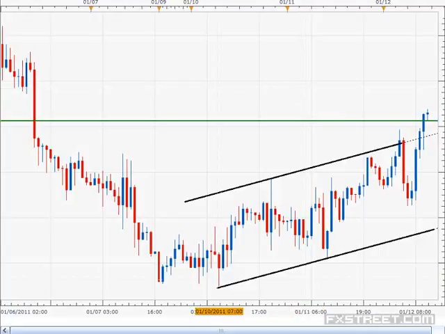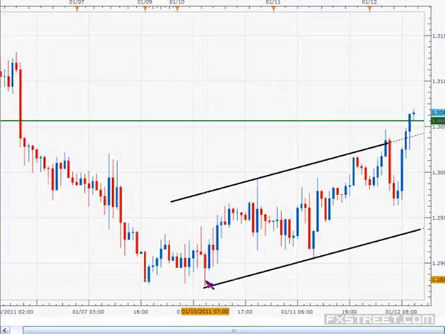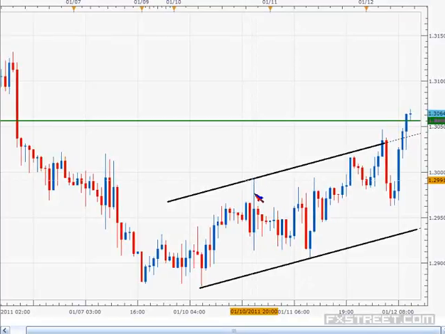I just drew the line connecting the lows, then duplicated the support line. It's become my resistance line, and I've placed it right on top of the high of this candle. And you can see that over the last couple of hours, prices have burst above, which does happen as well.